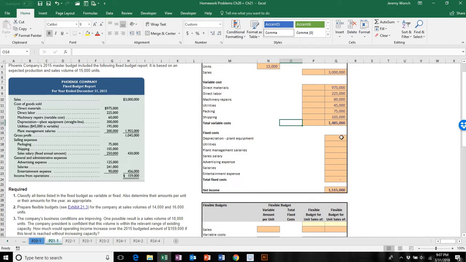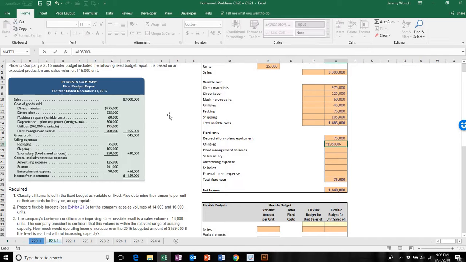And then the rest of our costs are going to be fixed. So we have 75,000 of depreciation. And then for utilities, that's going to be the total utilities of 195 minus the variable portion of 45,000. Then we have management salaries of 200. It's going to be right here. $250,000 for the sales salary.